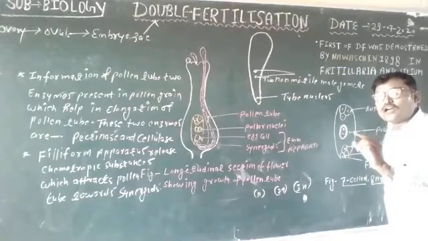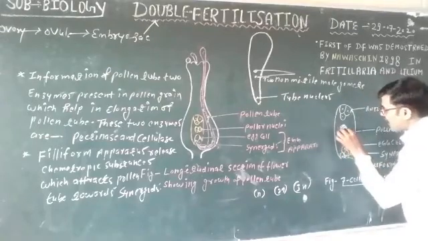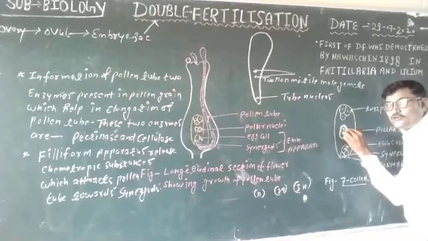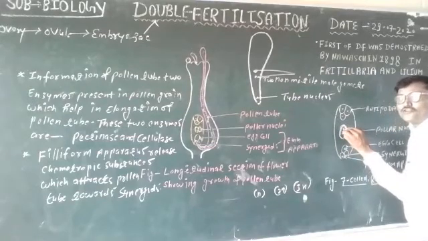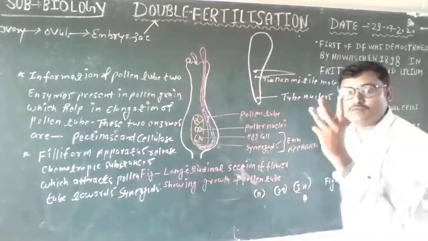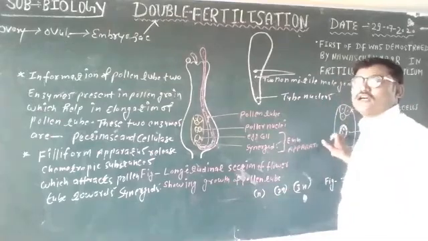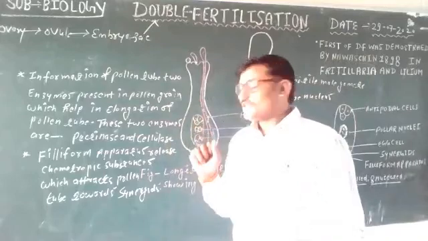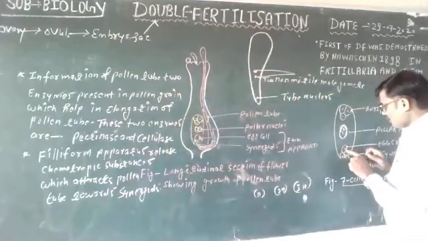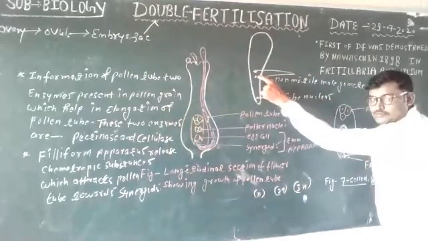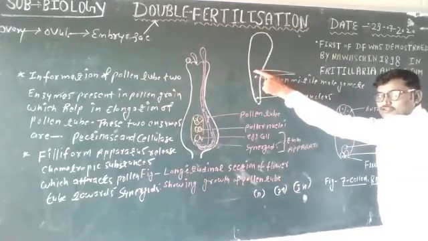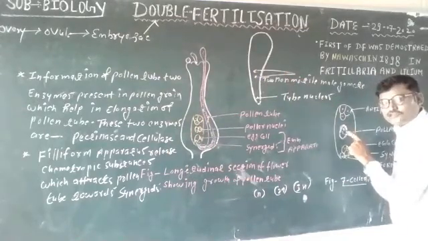One non-motile gamete fuses to these two polar nuclei, which means three nuclei are involved. That's why it is known as triple fusion. Again, I am repeating this point. In this case, one male gamete fuses to the egg cell, and the other non-motile gamete fuses to the polar nuclei.